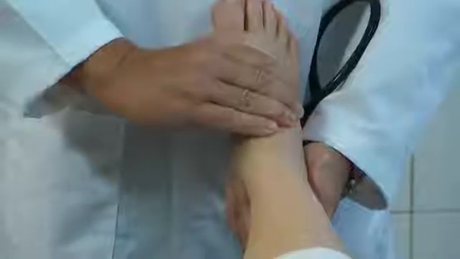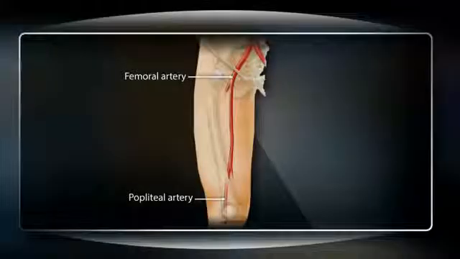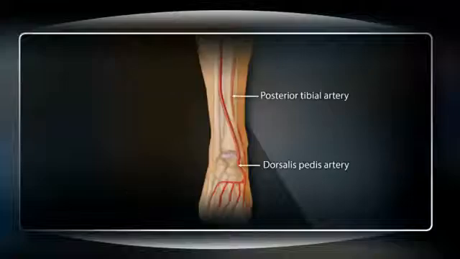In the legs, arterial pulses can usually be felt in four places: the femoral artery just below the inguinal ligament, midway between the superior iliac spine and the symphysis pubis; the popliteal artery, an extension of the femoral artery that passes medially behind the distal femur and is palpable just behind the knee; the dorsalis pedis artery on the dorsum of the foot, just medial to the extensor tendon of the big toe; and the posterior tibial artery behind the medial malleolus of the ankle.